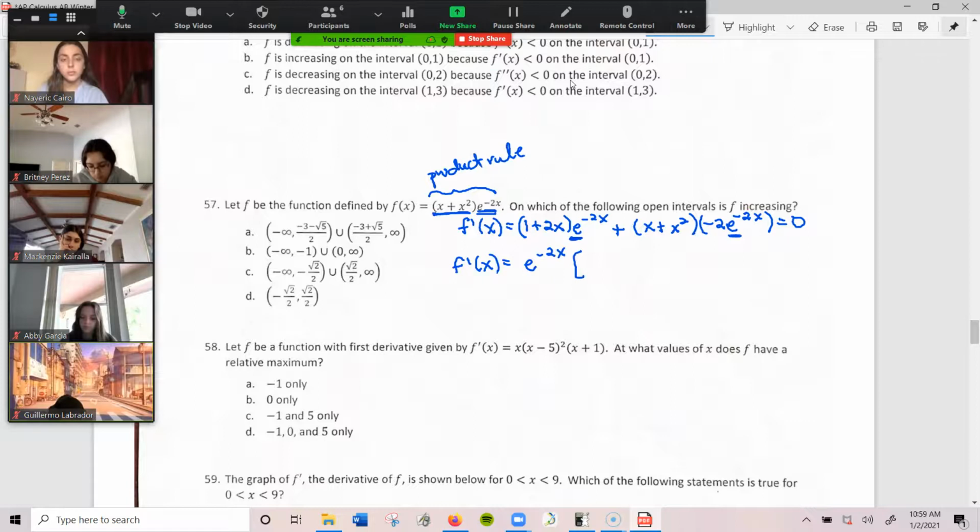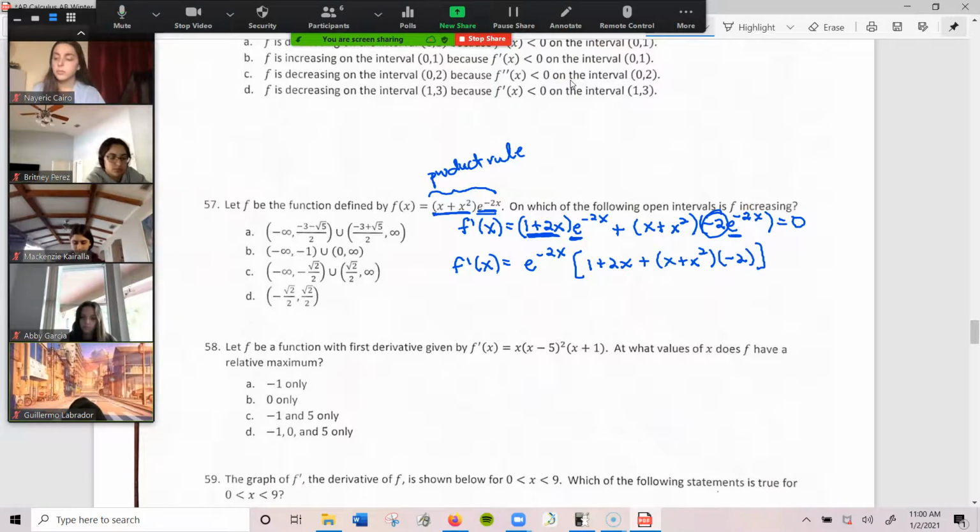And when I factor it out, I have 1 plus 2x left. That's from here. Plus, and then we have this x plus x squared times this negative 2 that was here.